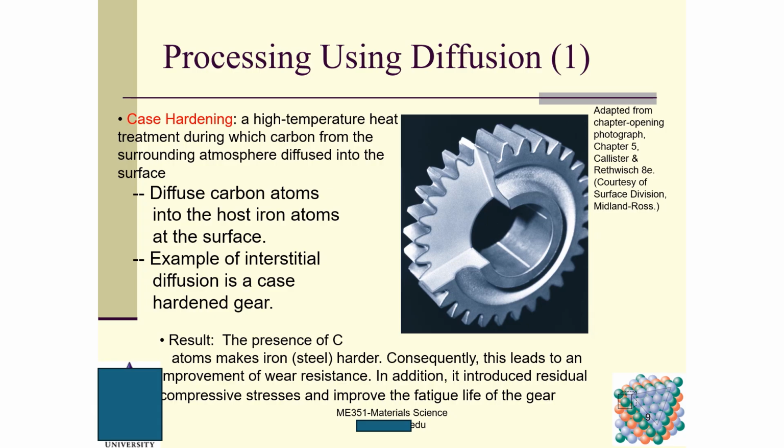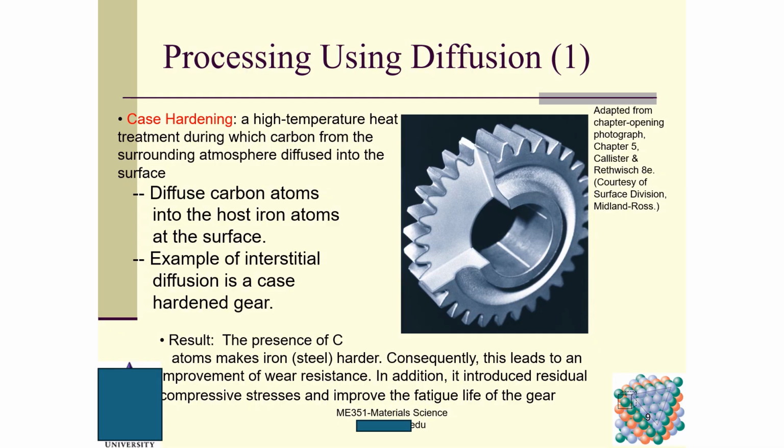So what benefits can we get from case hardening? I want you to write it down, okay? Because this is so important that I want you to know what benefits we can get by case hardening these specimens. First, we improve the wear resistance of the surface.